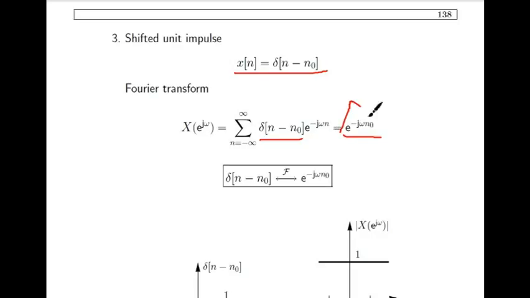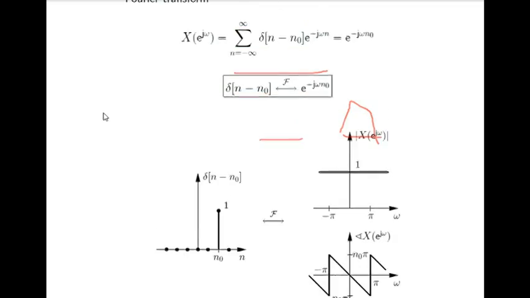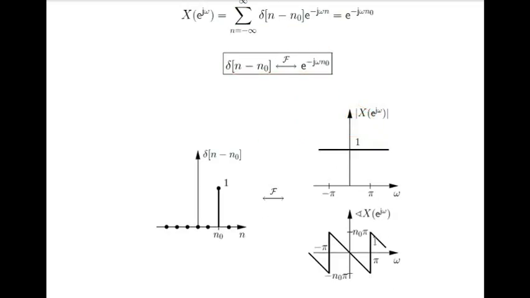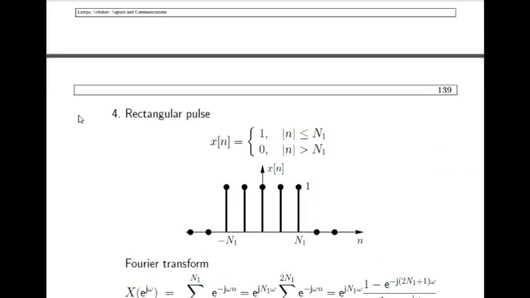So again you get this term as your Fourier transform for the shifted unit impulse. And these are the curves for this transform. This is the curve for the signal delta of n minus n naught, this is the magnitude spectrum related to it, and this is the angular or phase spectrum related to the shifted unit impulse.